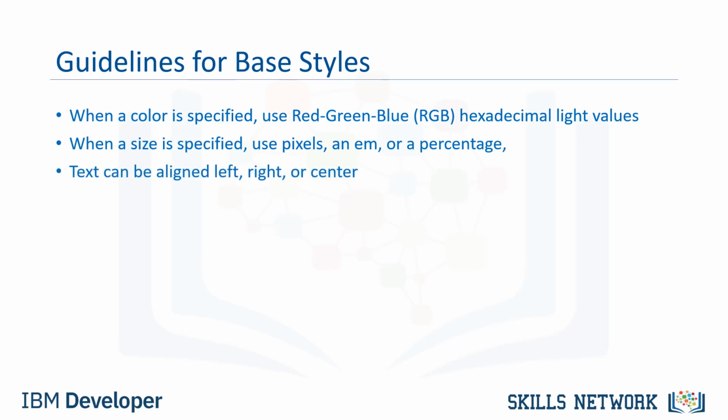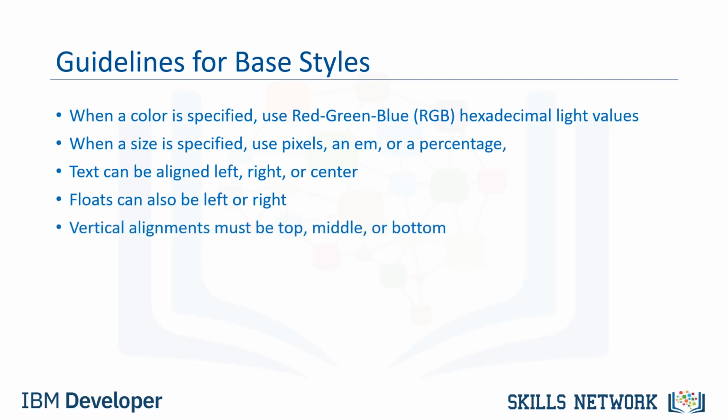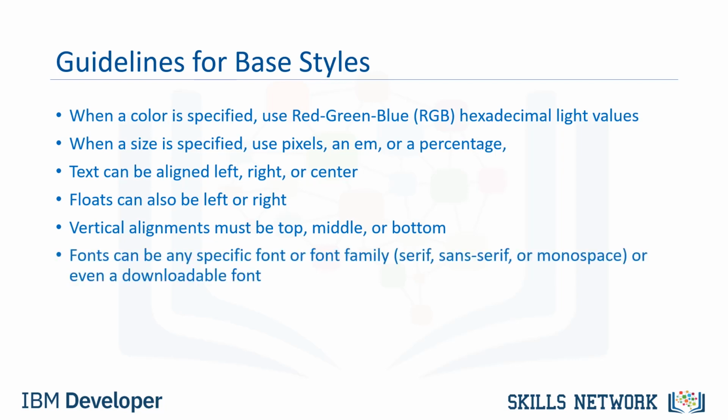Text can be aligned left, right, or center. Floats can also be left or right. Vertical alignments must be top, middle, or bottom. Fonts can be any specific font or font family, serif, sans serif, or monospace, or even a downloadable font.